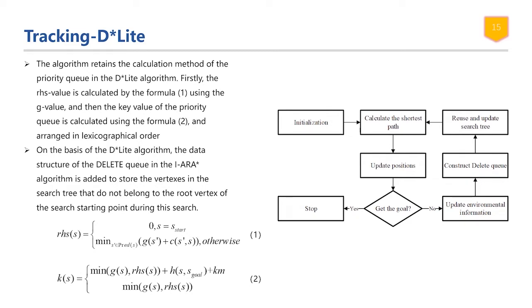On the other hand, on the basis of the D-star Lite algorithm, the data structure of the delete queue in the AIRC star algorithm is added to store the vertices in the search tree that do not belong to the root vertex of the search starting point during this search.